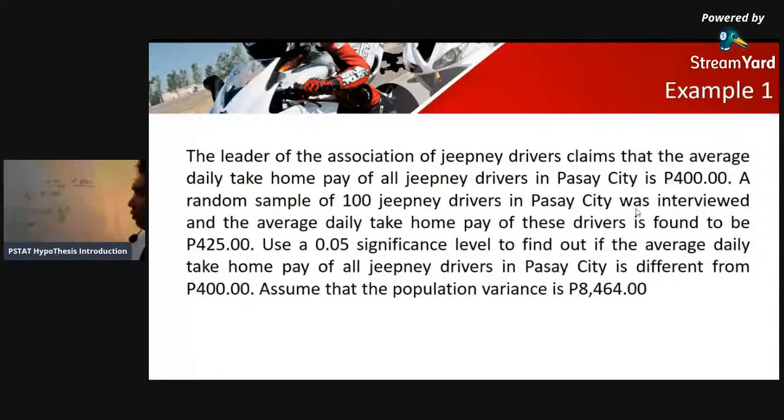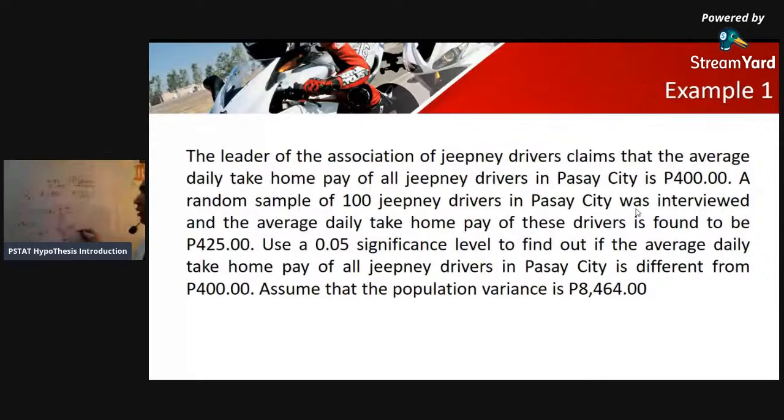Based on the definition, the standard deviation is the square root of the variance. So just get the square root of this, and you have 92 as the standard deviation. So you apply the formula: z equals 425 minus 400, all over 92 over the square root of 100.